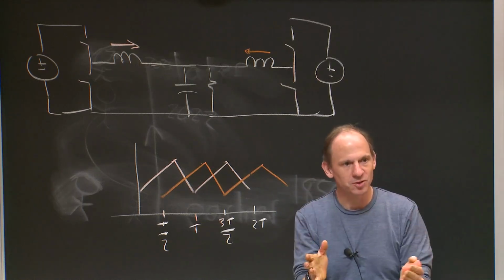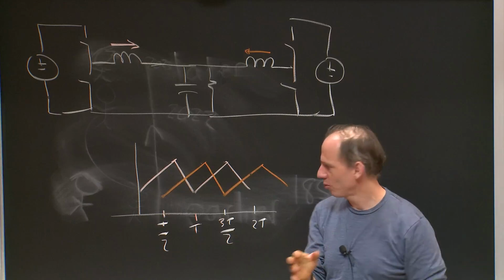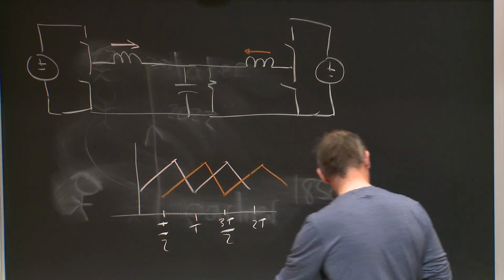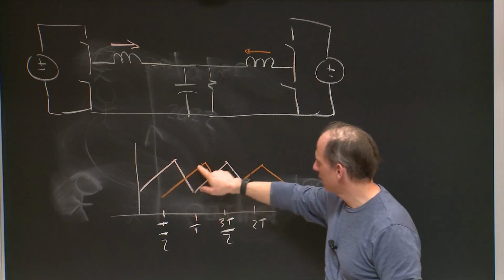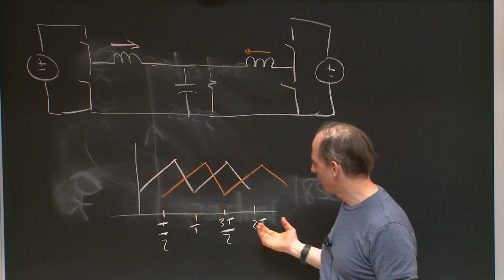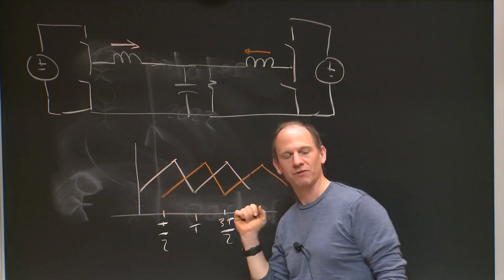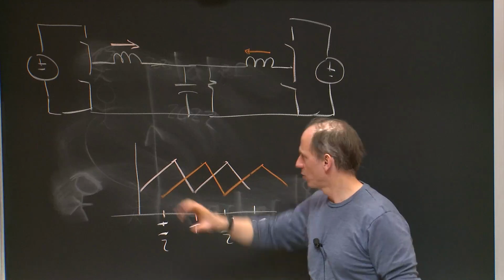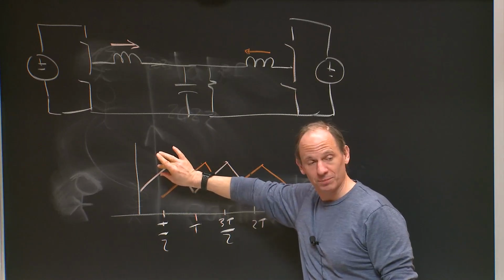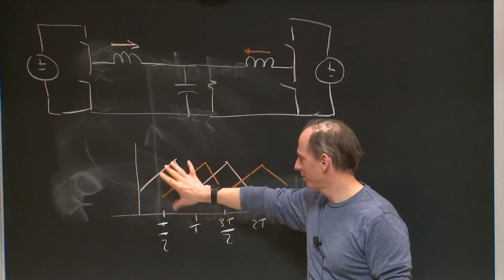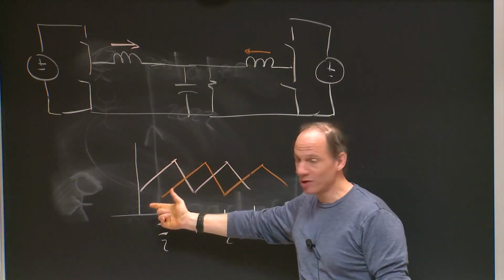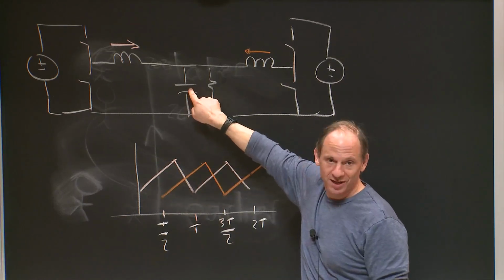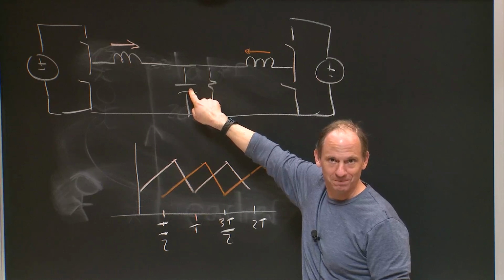So the fundamentals will cancel, the second harmonics will reinforce, and the net ripple, I'm not even going to try to draw it here, would basically have a fundamental at twice the switching frequency, right? So I get something with smaller amplitude, and you can show that the amplitude will be at most half, and twice the frequency, which makes it 4 times as easy for that capacitor to filter.